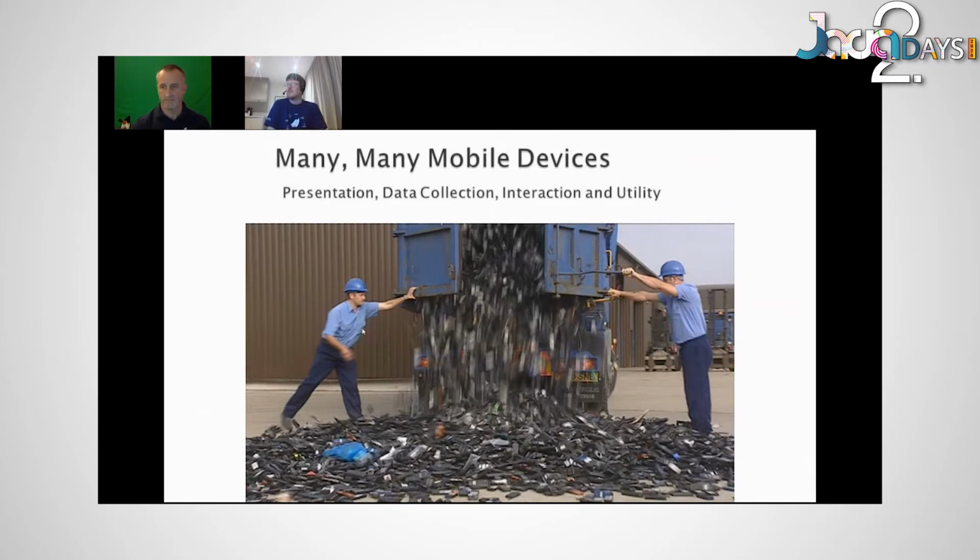So there are so many devices nowadays and different attributes, like you got smartphones, smart watches, foldable devices, and all sorts of new devices with different attributes. So it's very hard to cope.